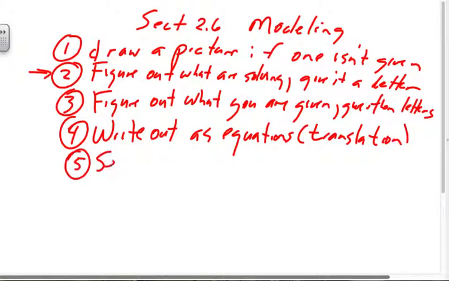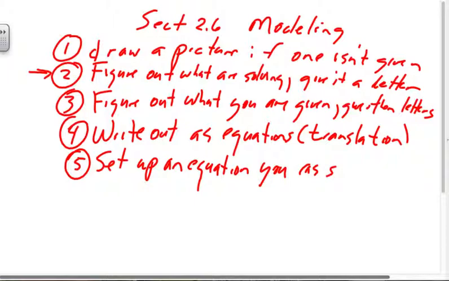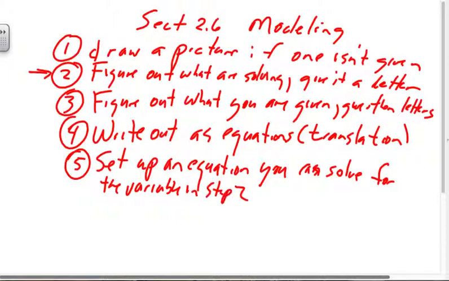Then you need to set up an equation you could solve for the variable in step 2. That's the one you're after right here.